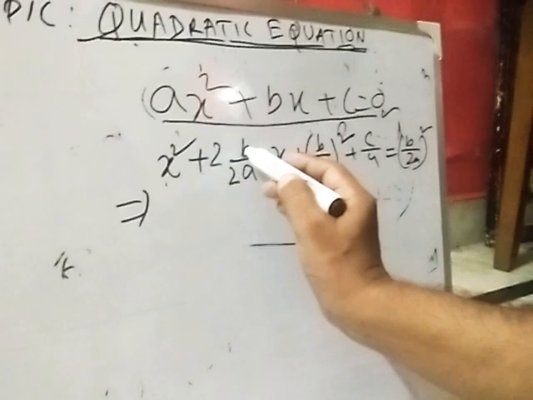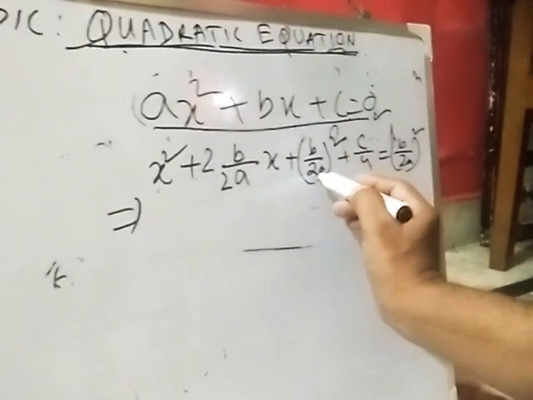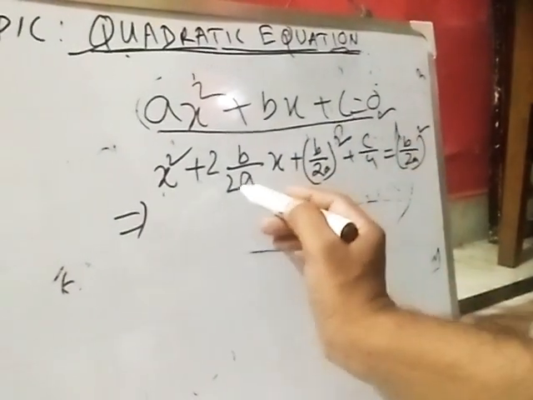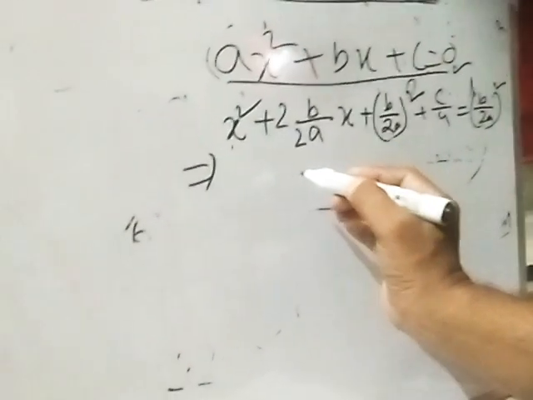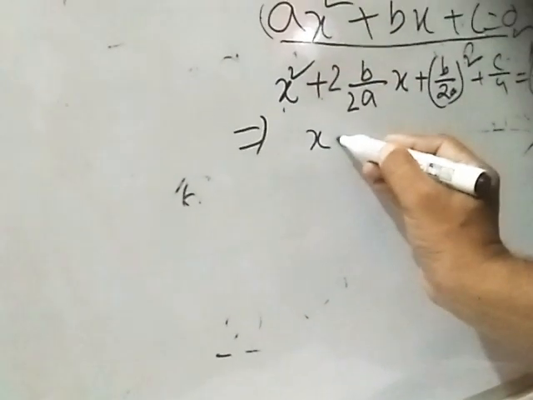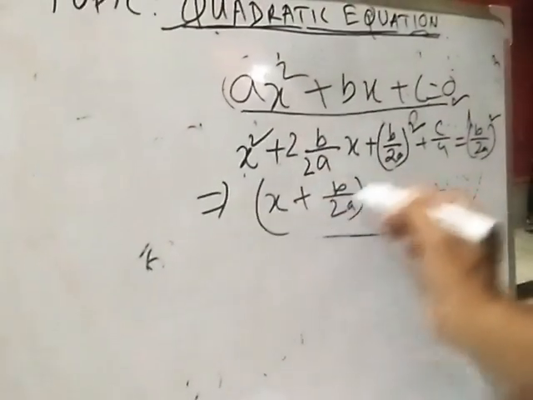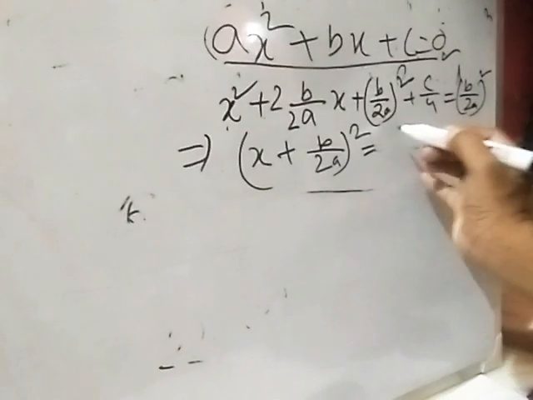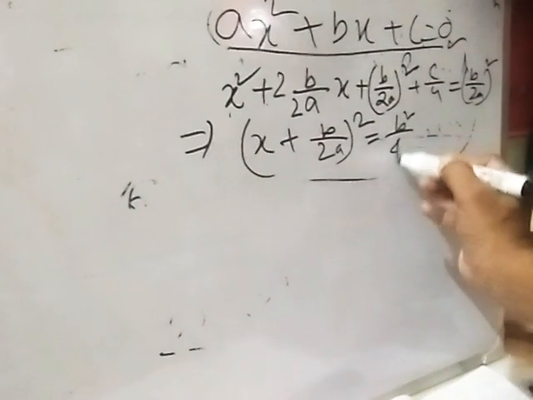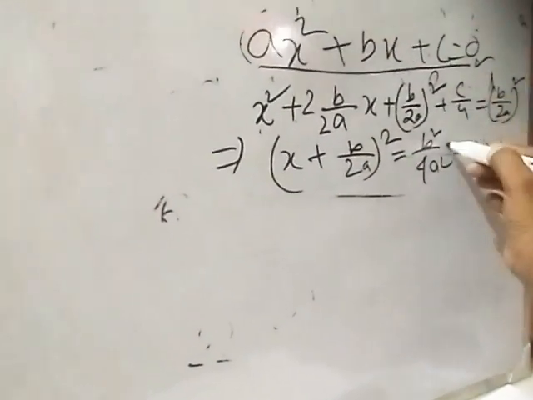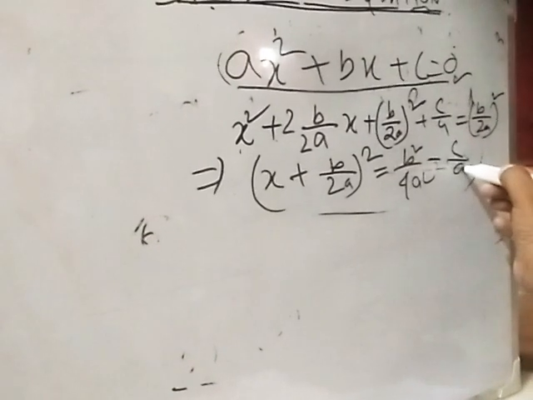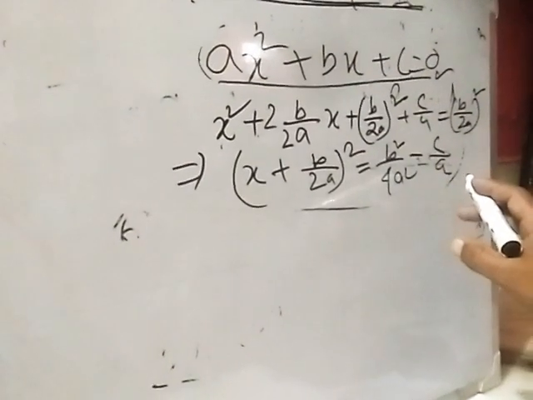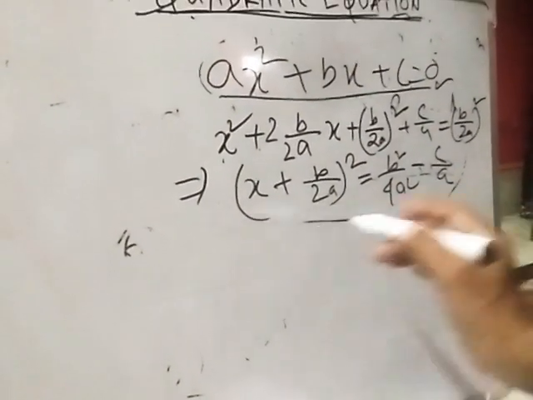a square plus 2ab plus b square gives us a plus b whole square. This is x plus b by 2a whole square. Okay. Next, this is coming b square by 4a square, then c by a with minus sign. No problem? Very good.